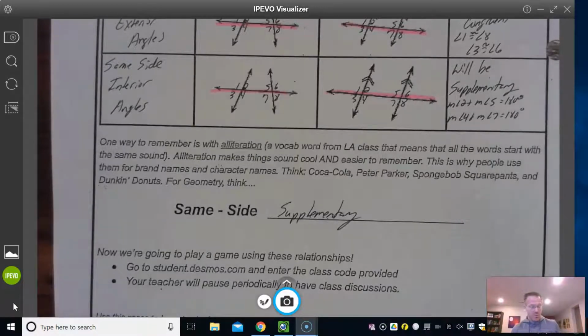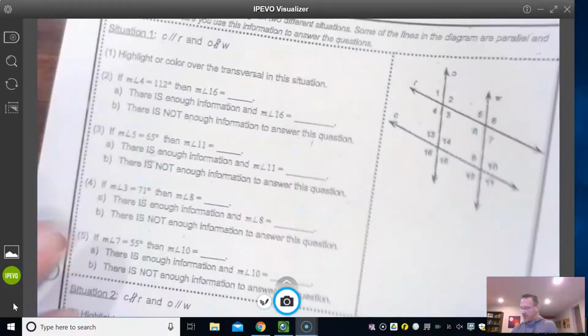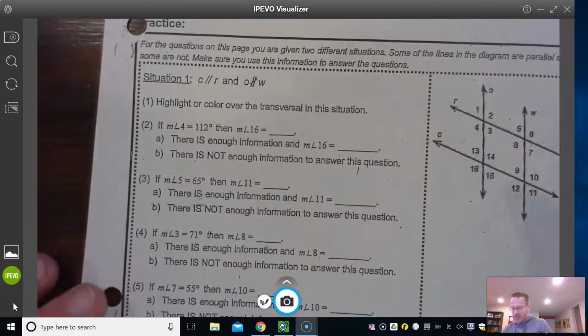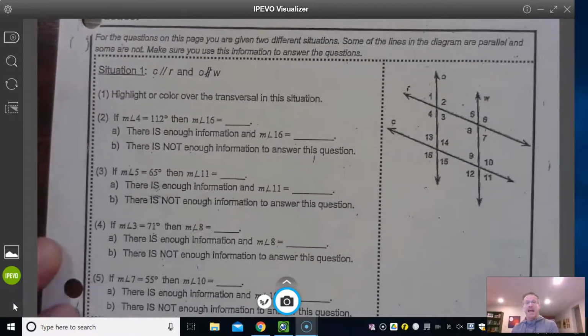Okay, so now let's just move on and do some examples. Let's flip to page 157. Once again, the relationship is dictated by 2 things: what transversal you're on and if you intersect parallel lines.